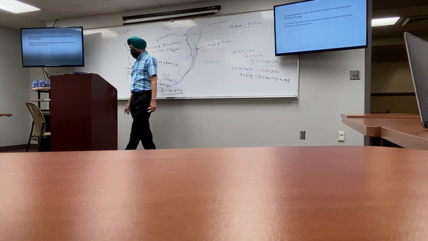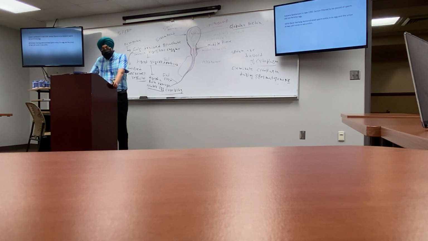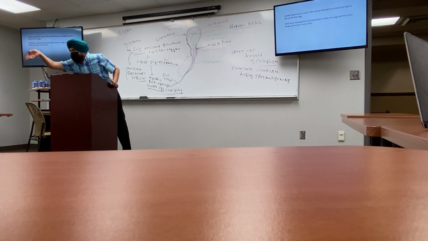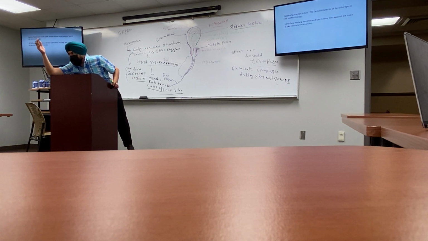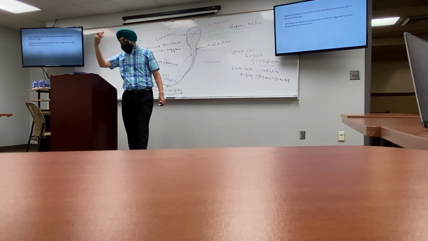What is the purpose of actin? Going back to cell biology, what is the purpose of actin? Cell structure. Structure, that is true, but give me a more complete answer.